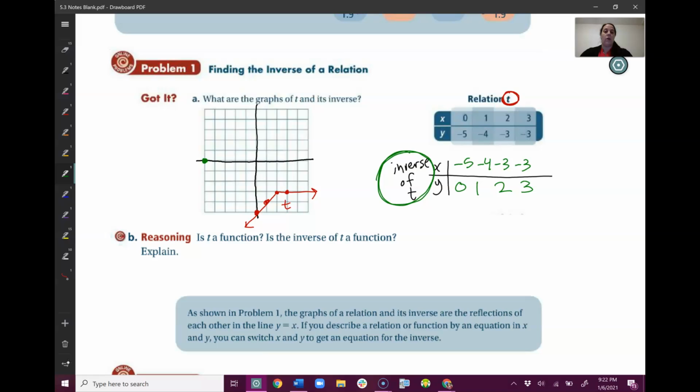So -4, 1, -3, 2, and then -3, 3. Oops, that line wasn't very straight. Let's try that again and connect these.